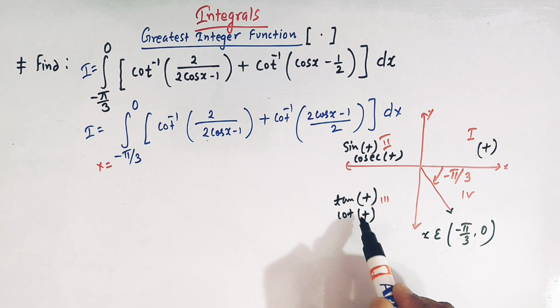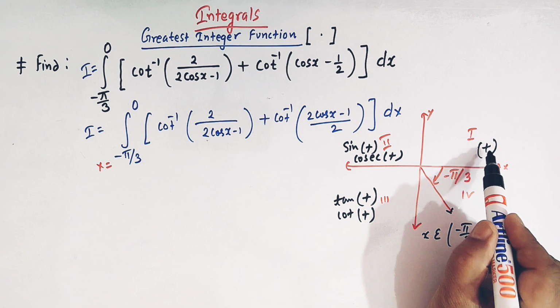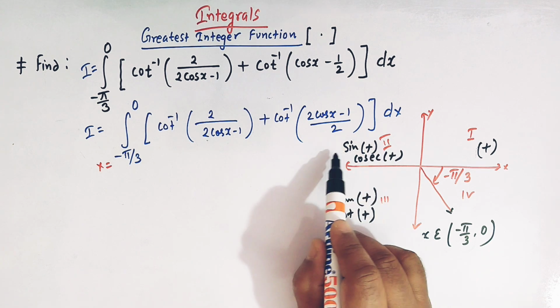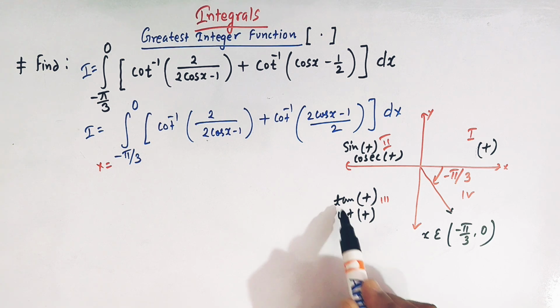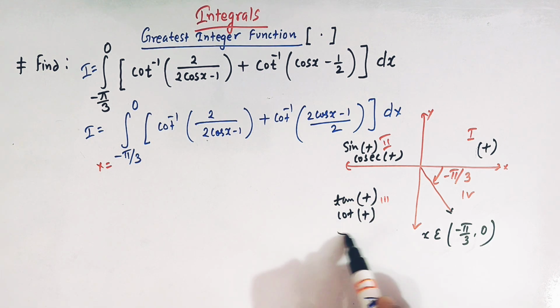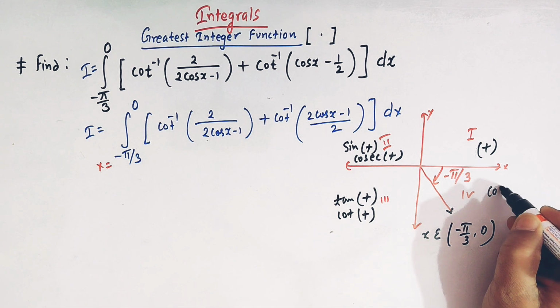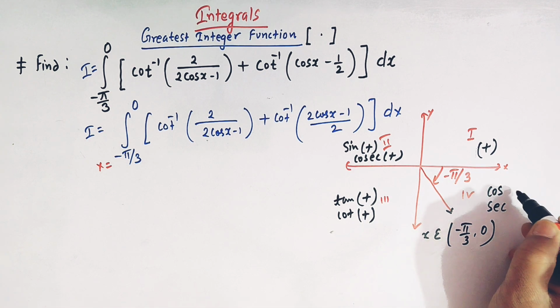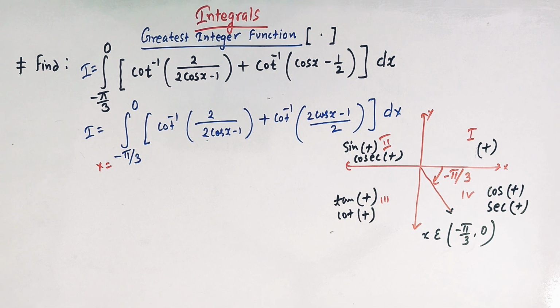In the first quadrant all functions are positive; in the second quadrant, sine and cosec are positive; in the third quadrant, tan and cot are positive; and in the fourth quadrant, the cosine and sec functions are positive. This is the sign convention for trigonometric functions in the four quadrants.